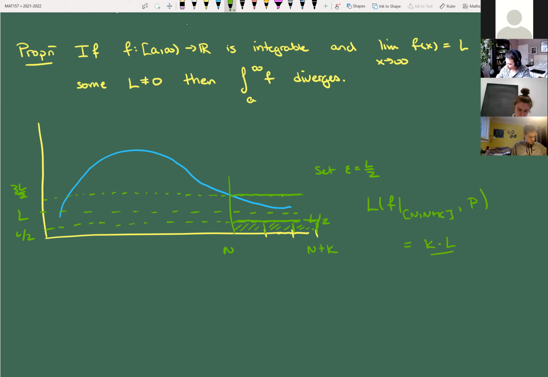K times L over 2. And so your integral is going to be bigger than this. As K becomes very, very big, this in turn forces the integral to become arbitrarily big as well. So you can guarantee now that the integral of the function doesn't converge, right? And that's going to break it. So I think this should spell this out. I'm going to say, try this as an exercise.